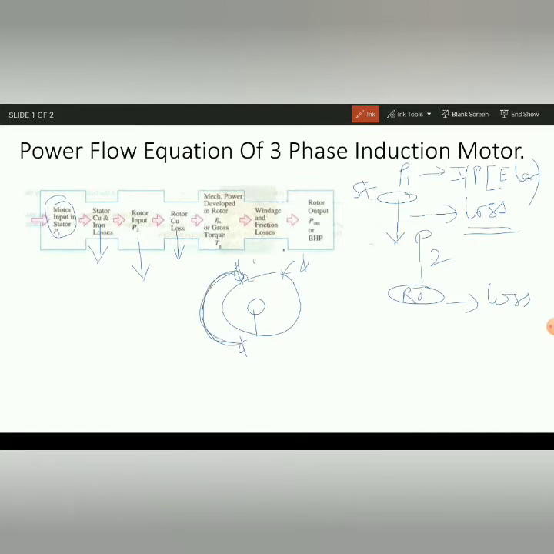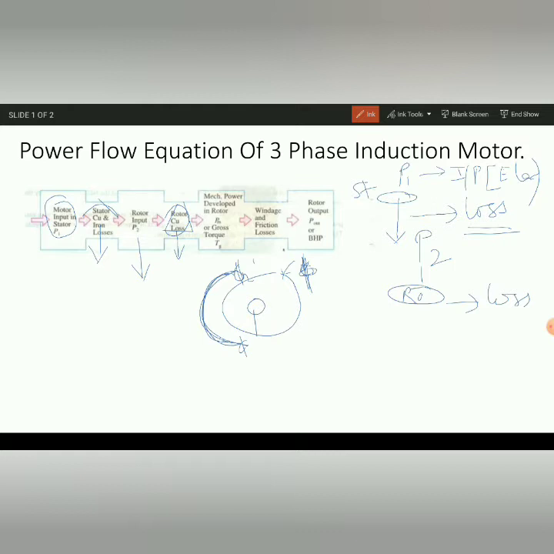Since they cancel, we will not consider core loss, that is magnetic loss, in the rotor. We consider it only in the stator, because we concluded that the flux phi remains constant.